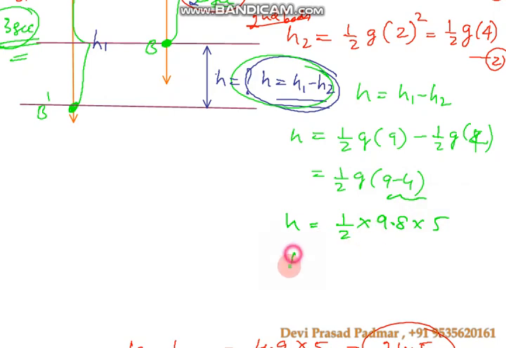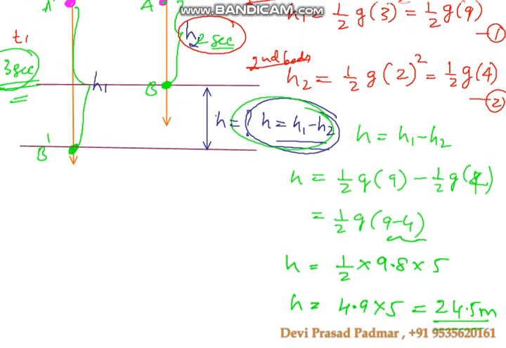Simplifying, h equals half of 9.8 into 5, that is 4.9 into 5, nearly 25. Exactly, it is 24.5 meter. So our answer is 24.5.